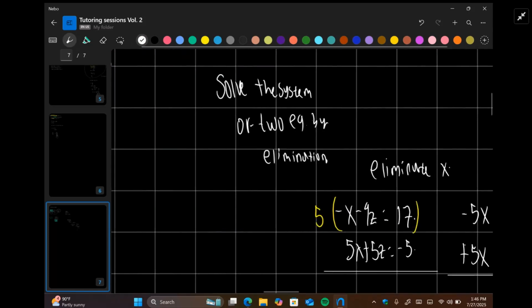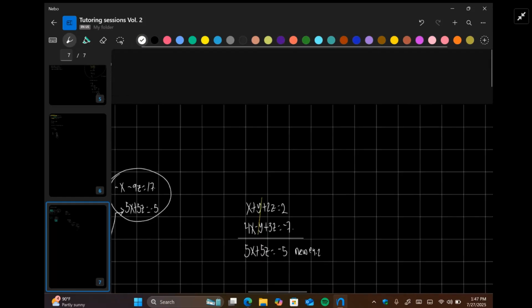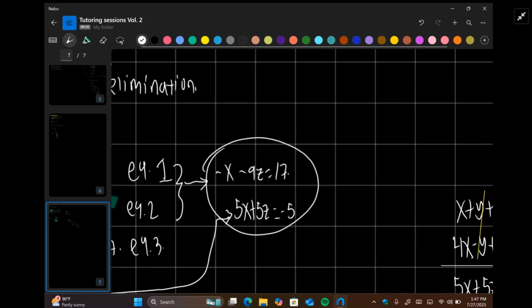Now go ahead and grab one of the equations with two unknowns.